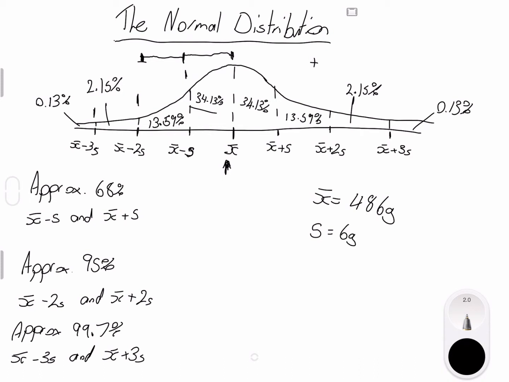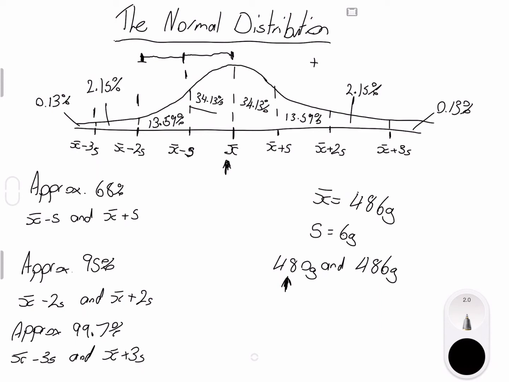So the question I'm going to ask is, what was the percentage of cans with a weight between 480 and 486 grams? So we can see that our mean being 486, we're taking one standard deviation away from it and we get 480.